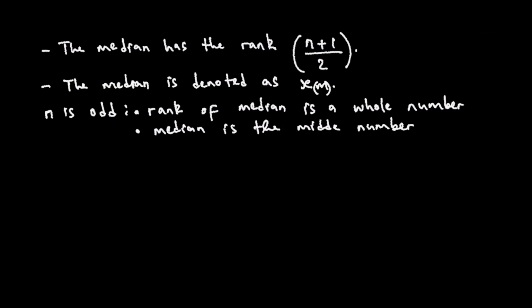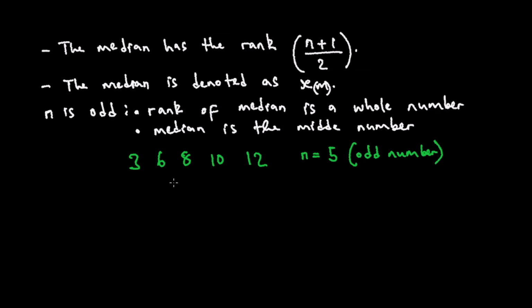So if our data is for example 3, 6, 8, 10, 12 like this, you see. If you look here you will see that n is equal to 5, which is an odd number.